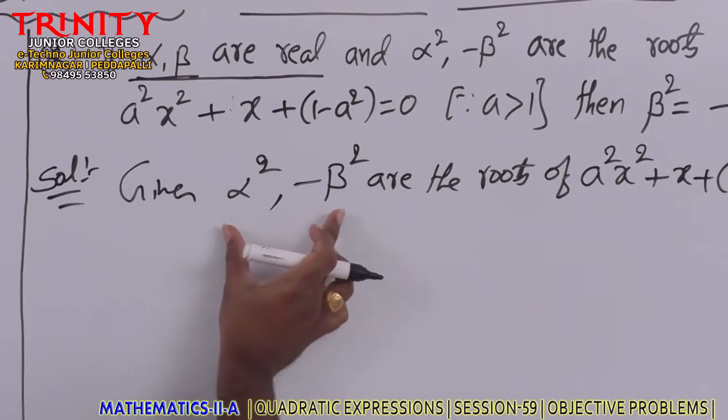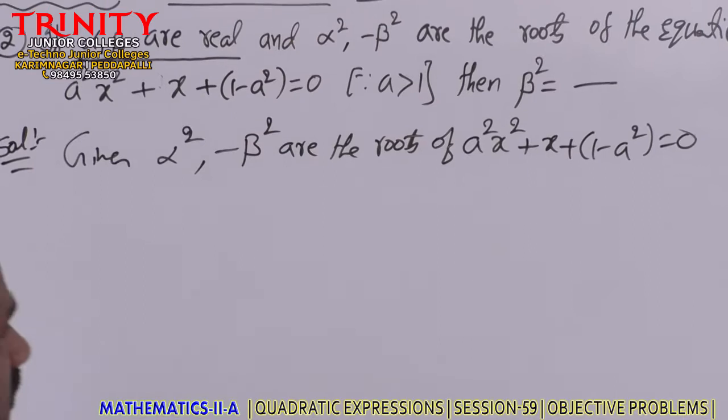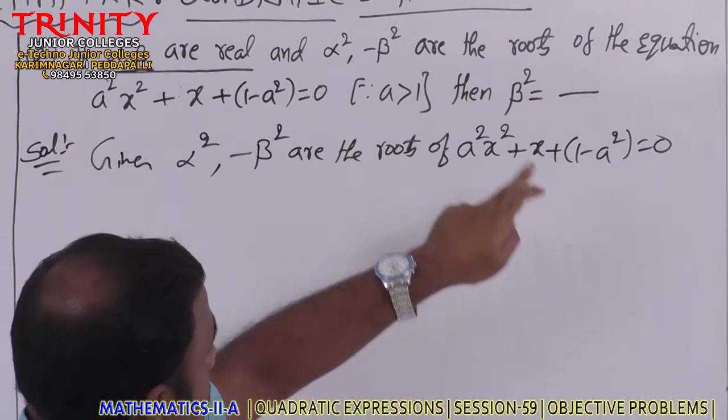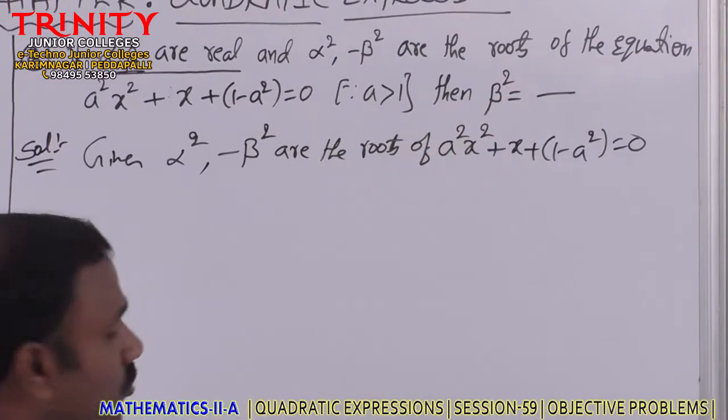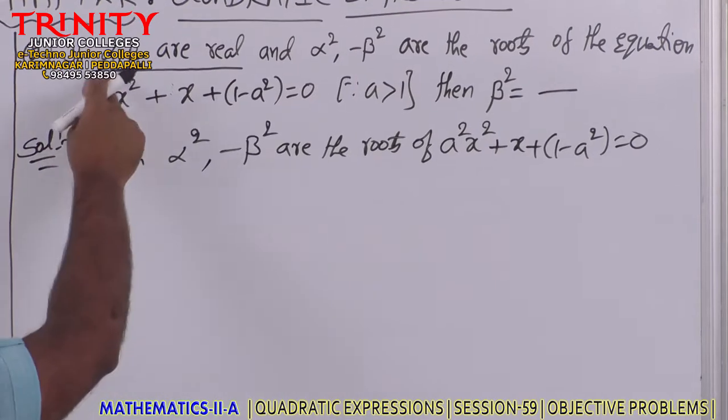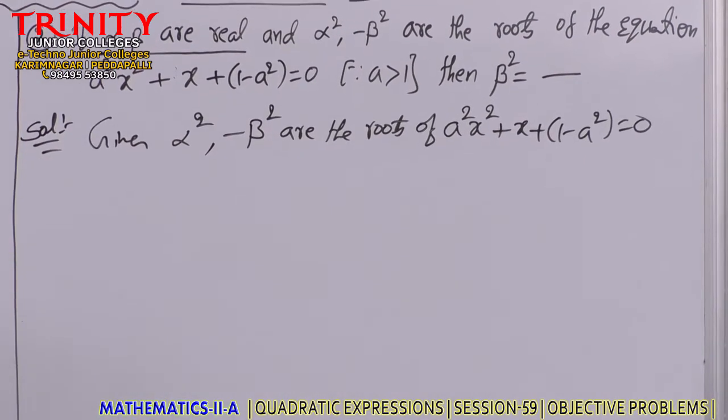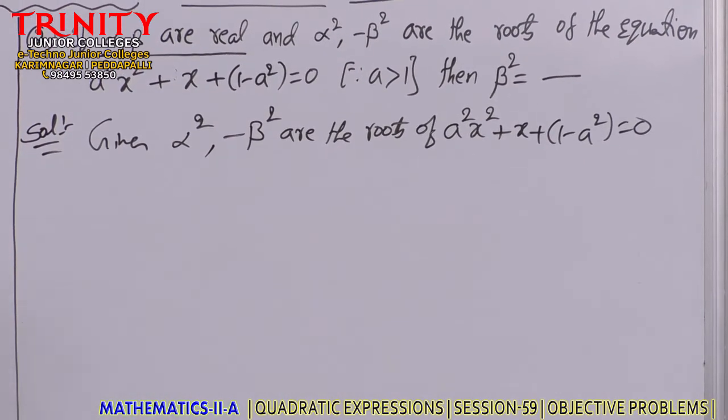By using alpha square, minus beta square are the roots of this quadratic equation, then what is the value of beta square, where alpha, beta are real numbers only, they are not complex, they are real numbers.